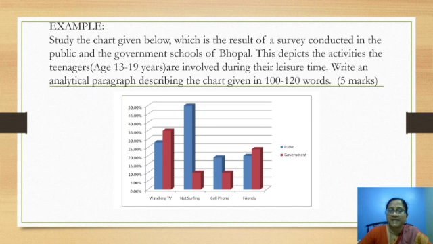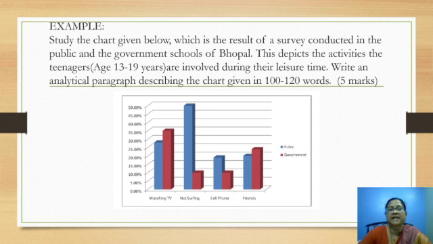Now, to understand how to write an analytical paragraph confidently, let us use this example. Let me read out the question given in the example. Study the chart given below, which is the result of a survey conducted in the public and the government schools of Bhopal.